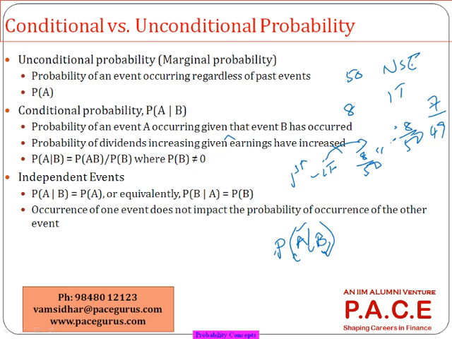The chance of making a profit in a good economy is always higher compared to making a profit in a poor economy. It's not that I will make a loss there, but the chances are lesser. So that is where conditional probability plays a role.